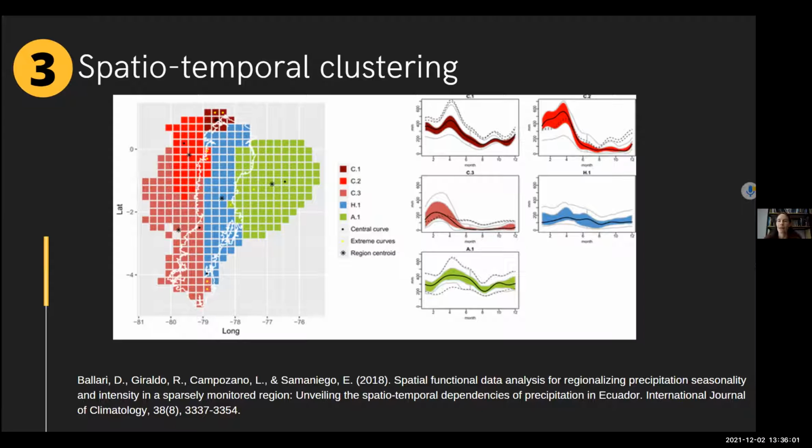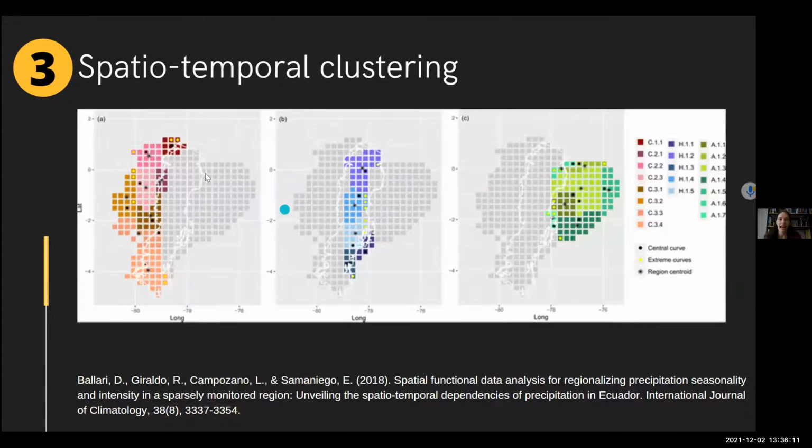They have similar behavior in seasonality, in which months of the year it rains, or in which months is the dry season. And later we make another layer of clustering in which we find different intensities of precipitation based on the same seasonality.